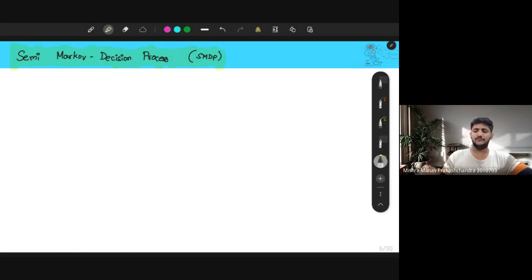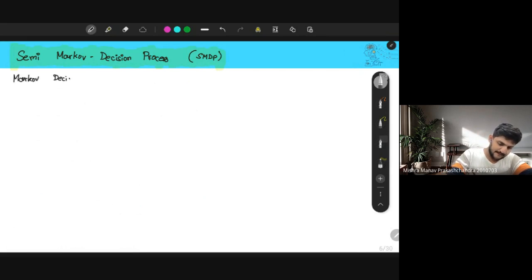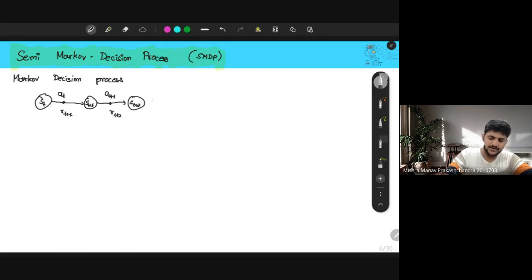So here, what happens in a typical Markov decision process is, in Markov decision process, you have a state ST. From here, you take, say, action AT, get reward RT plus 1, transition to state ST plus 1, okay. Then you take some action AT plus 1, get reward RT plus 2, transition to state ST plus 2, okay.